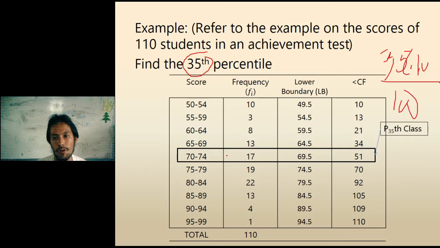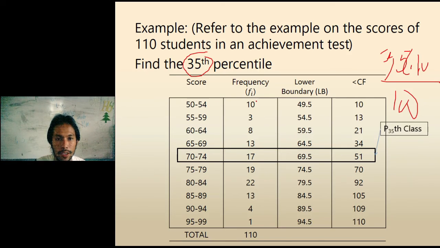So, atong isolve ang 35 times 110 divided by 100. Ang score kay naa sa 38.5 nga frequency.